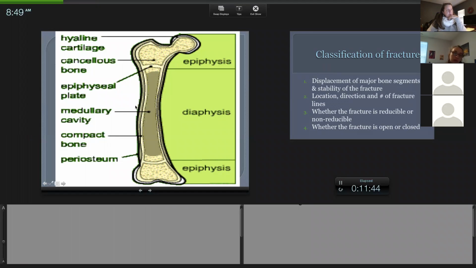Like this, you see a line, but this side is intact. So that means that it's not completely broken on both sides. An incomplete fracture is a fracture that does not go through both sides of the bone. That's the way I think of it. So if it goes through just one side versus both sides, that's incomplete.